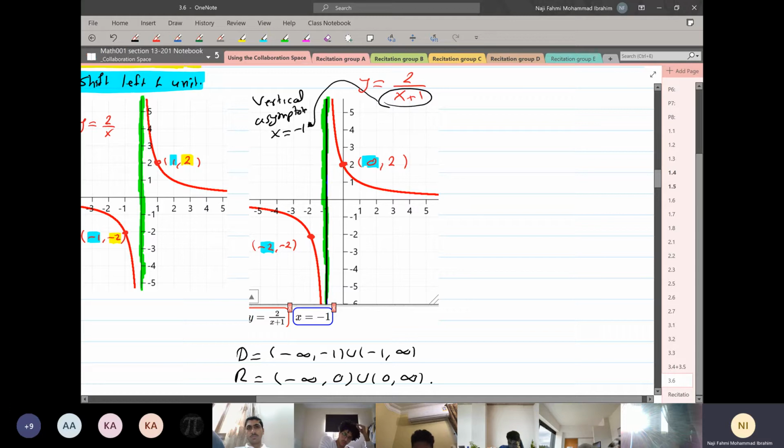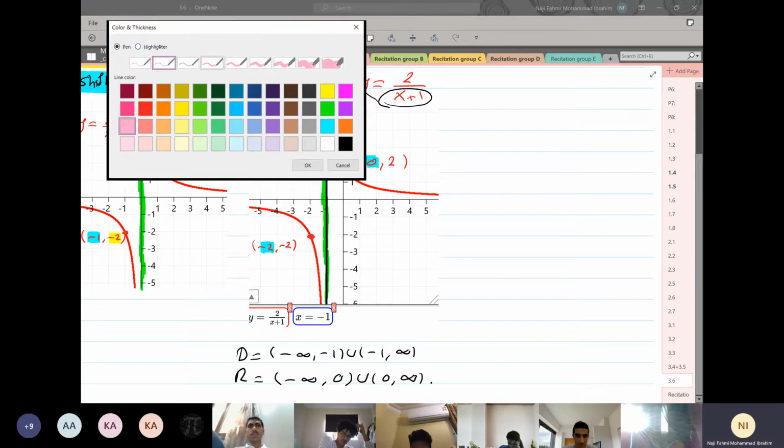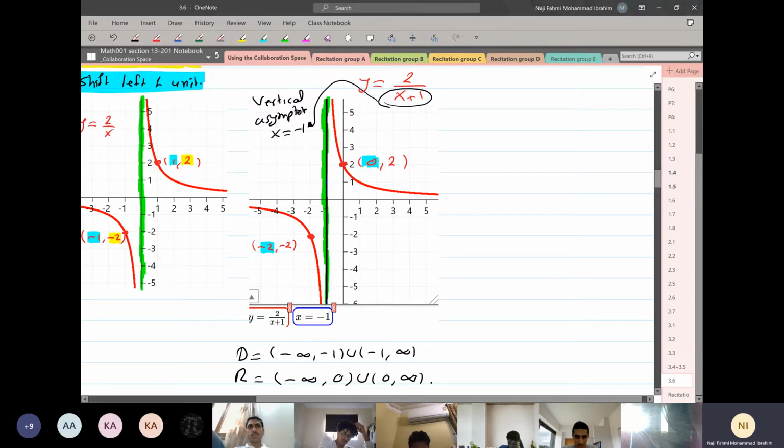Do we have a horizontal asymptote in this graph? Yes. Where's that horizontal asymptote? Y equals 0. Thank you. So this thing here, does it have any relation with this range? Look at the range, Shabab.